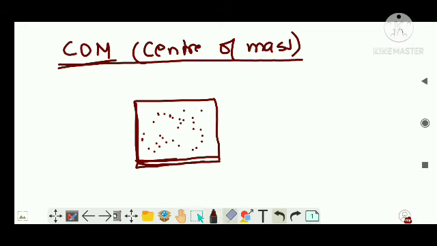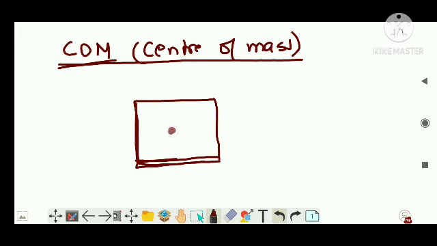So it is very difficult to consider the mass of individual particles, right? So in order to make this calculation of the mass, or to calculate many other criteria like force, acceleration, etc., we assume that the mass, even if it is distributed in the conventional way, is actually concentrated at an imaginary point, say like this.